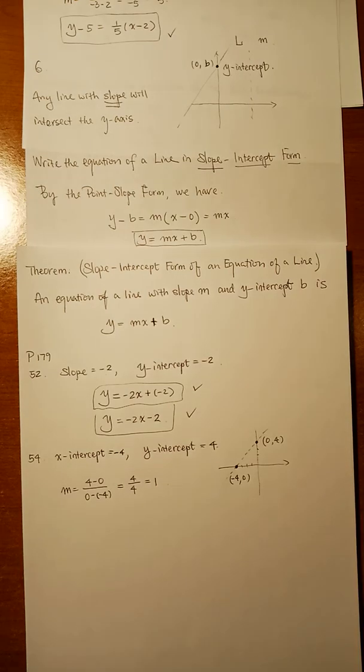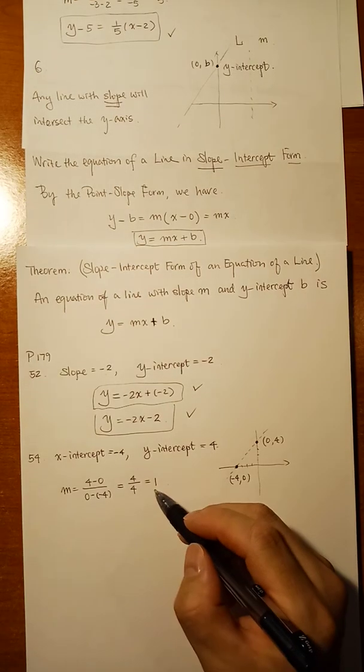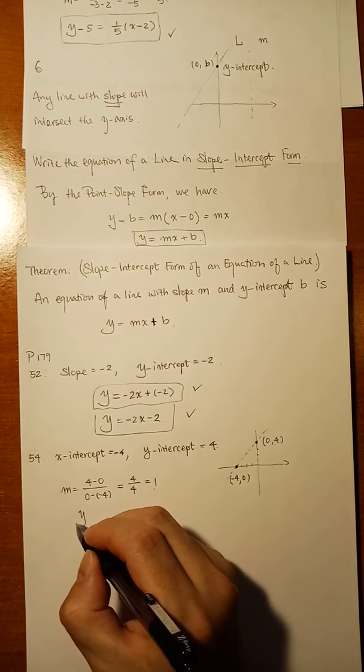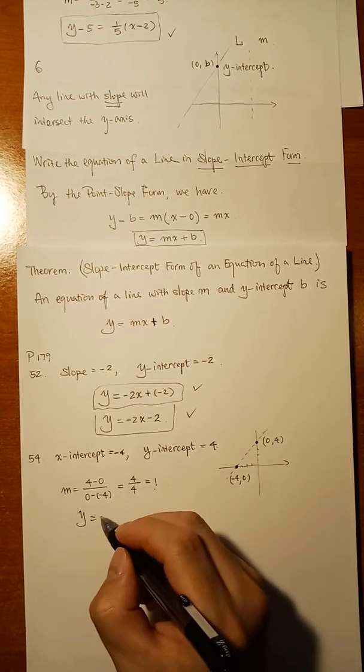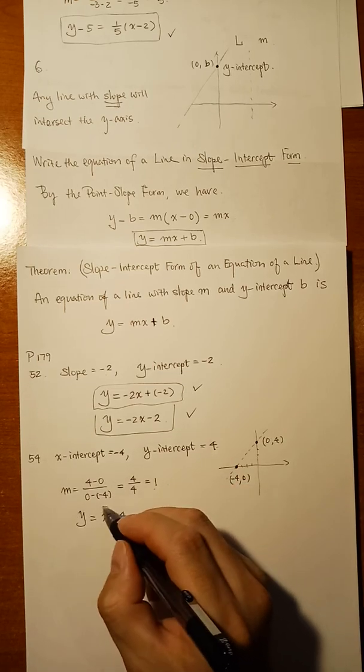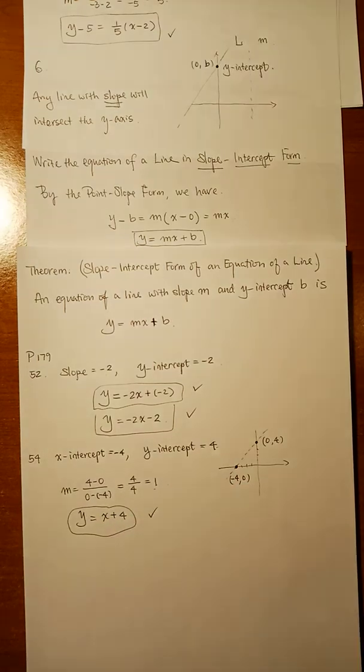The slope is 1. Slope is 1. The y-intercept is 4. What is the equation? Slope times x plus y-intercept. This is the equation. See it? This problem is a little bit tricky.